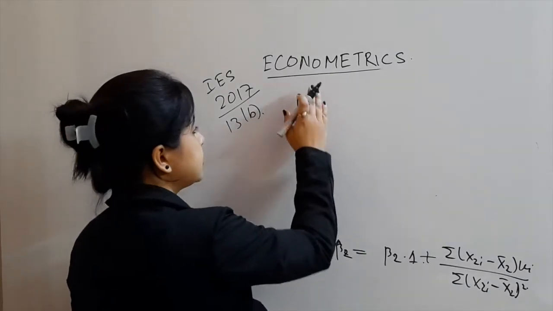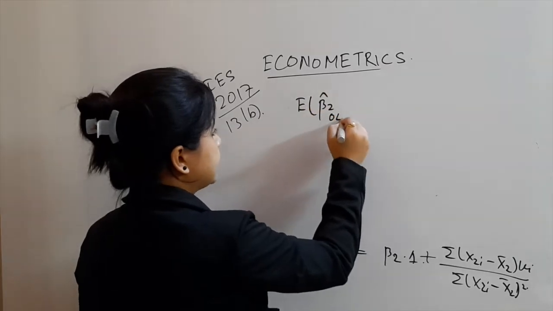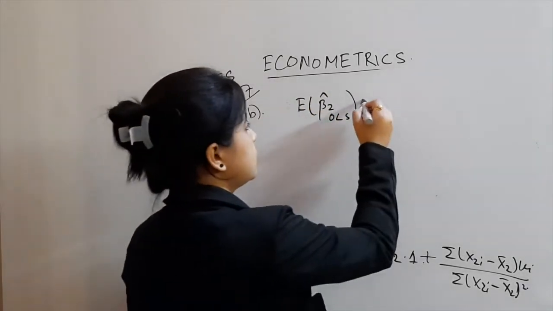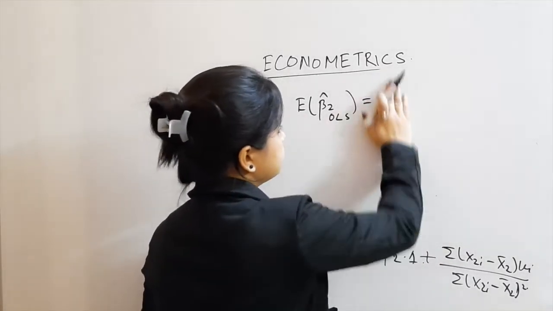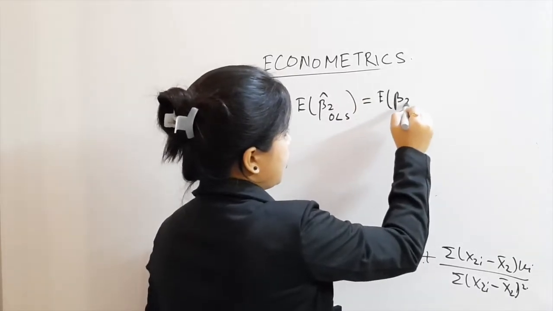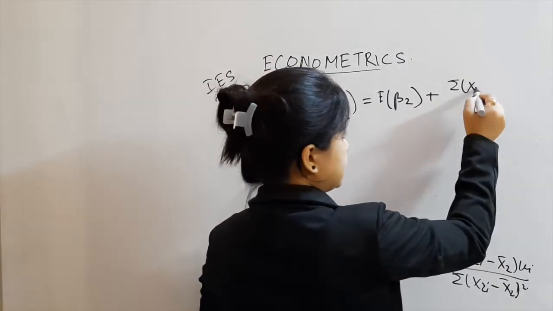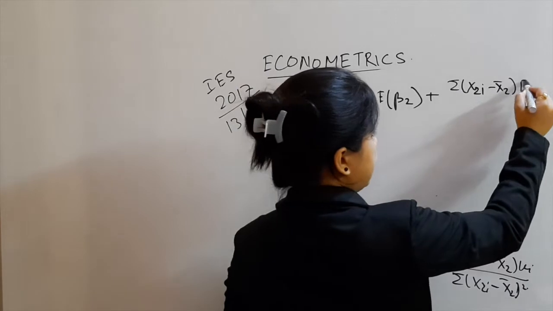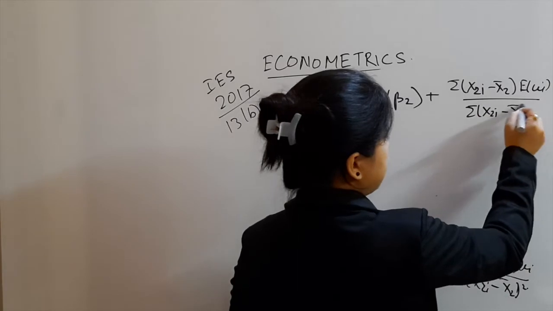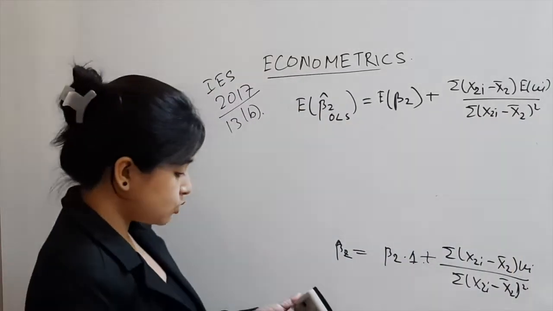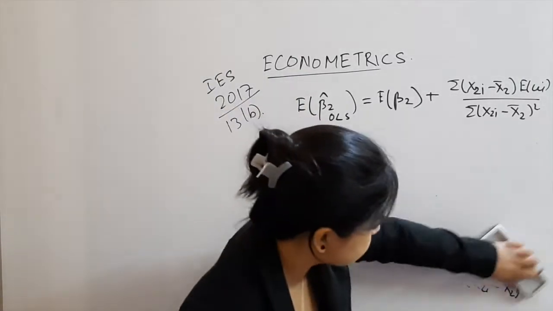So we can write that the expectation of beta 2 hat OLS is equal to the expectation of beta 2 plus summation (x2i − x2 bar) into expectation of ui divided by summation (x2i − x2 bar) whole square, isn't it? Here the expectation will be on the error term ui part, so that is why we have written it like that.